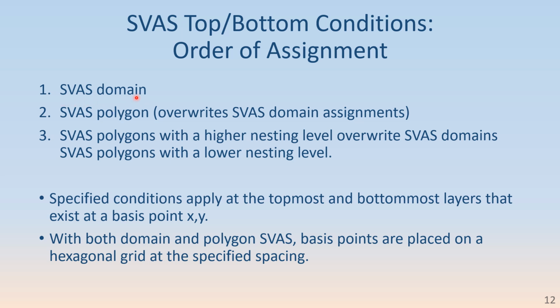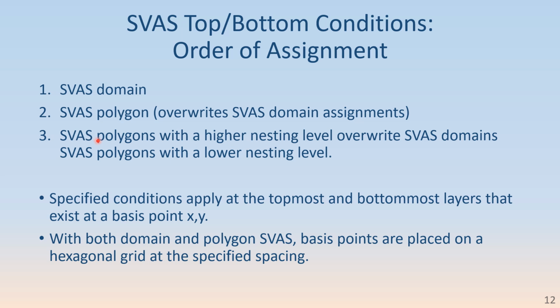First it goes through all the domain specifications, then it goes to polygons that you may have input, and these, where they overlap a given domain, will overwrite whatever domain assignments had been made in step 1 here. And the SVAS polygon specifications can be nested. So when you have multiple nesting levels of these polygons, the higher nesting level ones will overwrite the lower nesting level ones, as well as any domains that they happen to overlap.